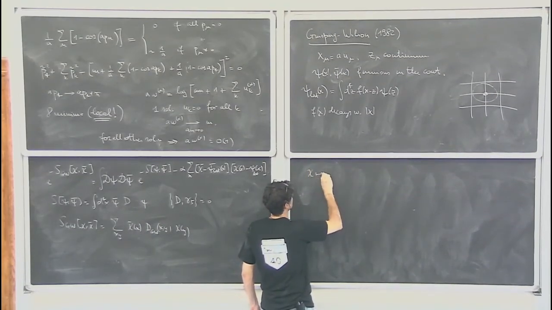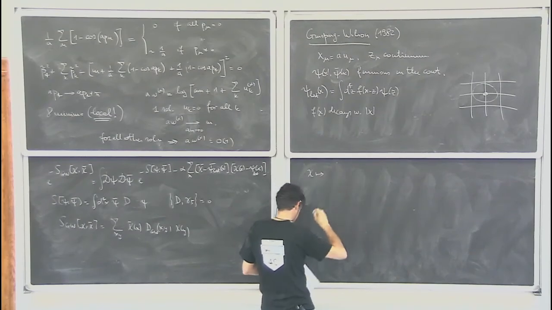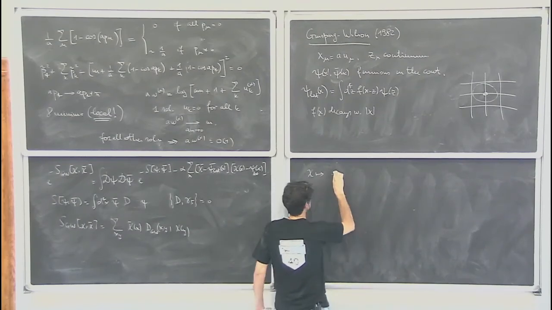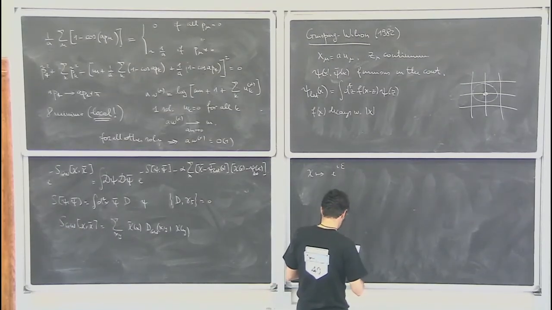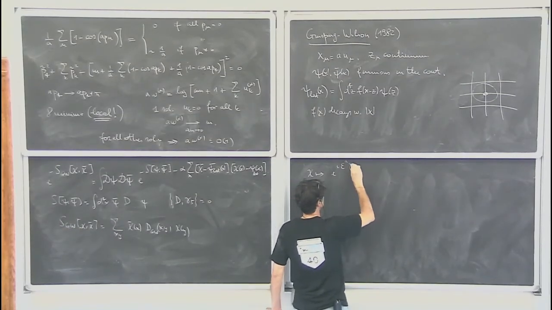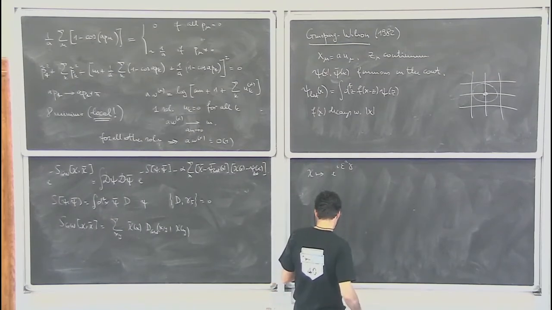So chi goes into e to the i epsilon^a gamma 5. Do I need this? Do I need the lambdas?